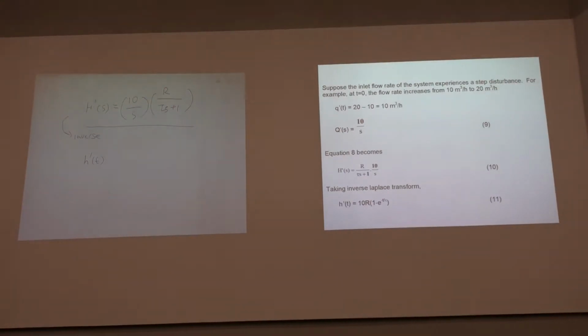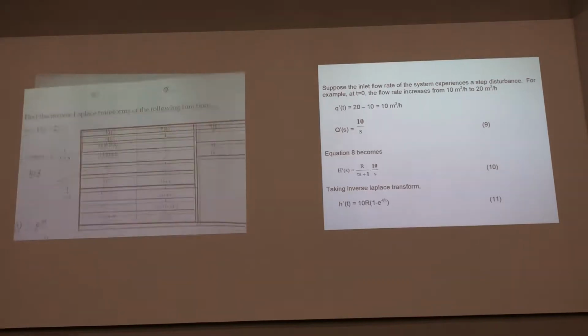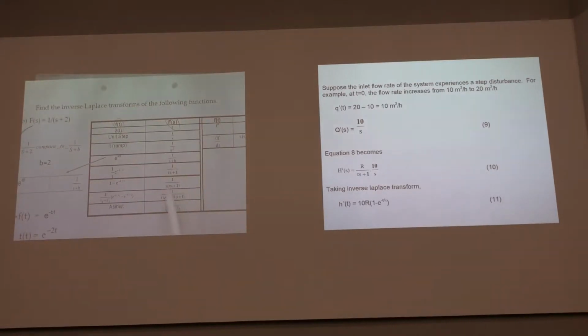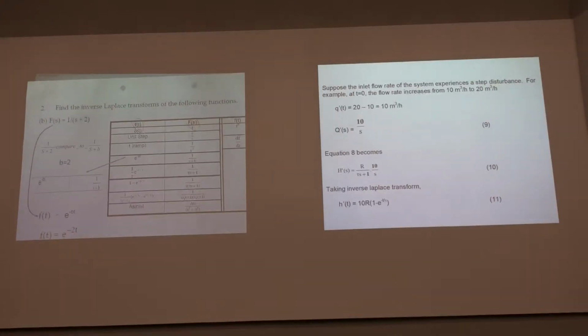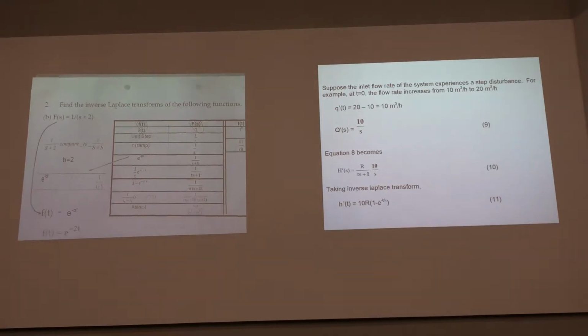You always have to bring it back to t. 10R is a constant, and what I have here is 1 over S times tau S plus 1, which is in this format, and if I inverse it, it is 1 minus e to the minus t over tau.